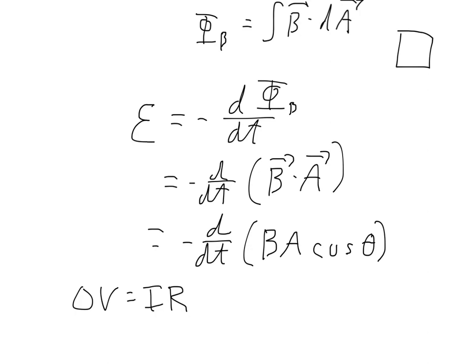And depending on what the resistance of copper is, which is fairly low, that would tell you something about the current, depending on how big of an induced EMF you're using, how much of a potential difference you're causing by changing the magnetic field or changing the orientation of the loop to the magnetic field, etc.